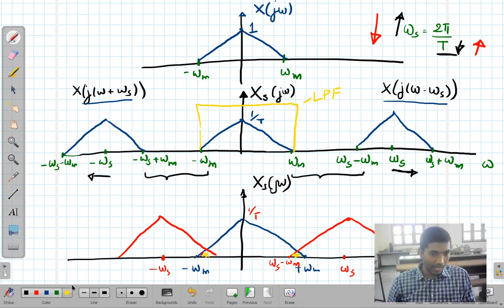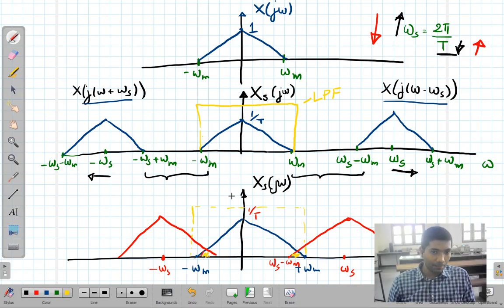And because of that, even if you use a low pass filter to try to get the original signal, you will not be able to get the original signal. There will be some distortion due to this high frequency component as well. Even if you use a low pass filter, these components will also come into the picture.